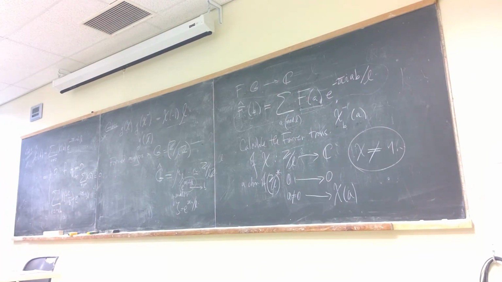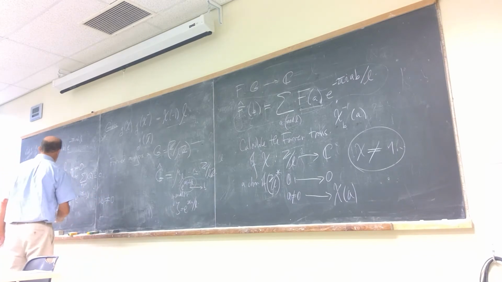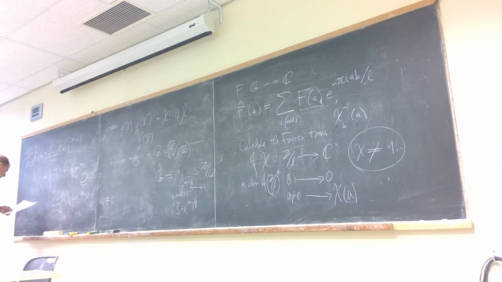Perfect. Good. Now, this B is a constant. This is B not equal to 0. So we can pull out chi inverse of B, and we can pull out chi of minus 1. So this is the same as chi of minus 1, chi inverse of B. And then what are we left with?